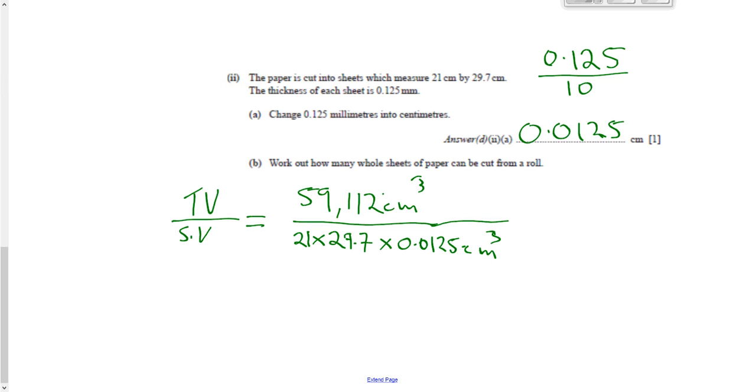And if we work that out on our calculator, that should be approximately 7,582 sheets.